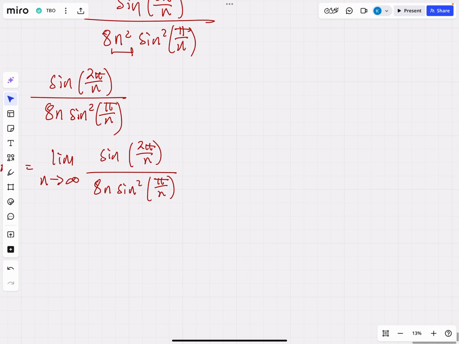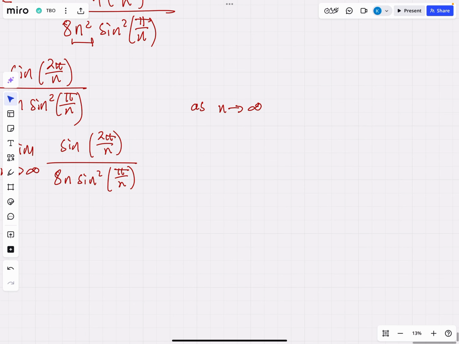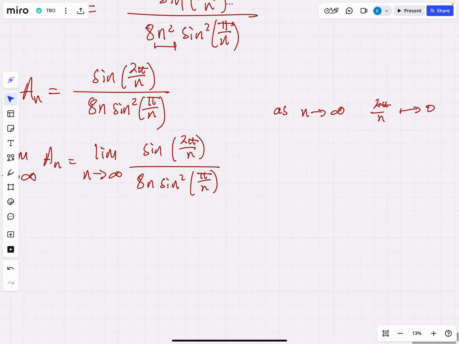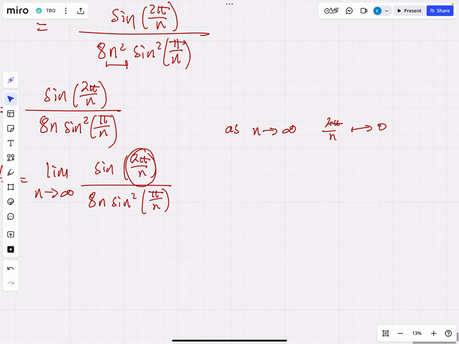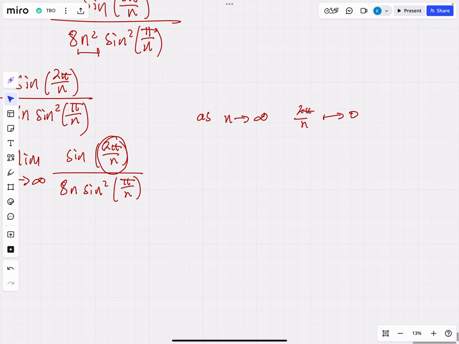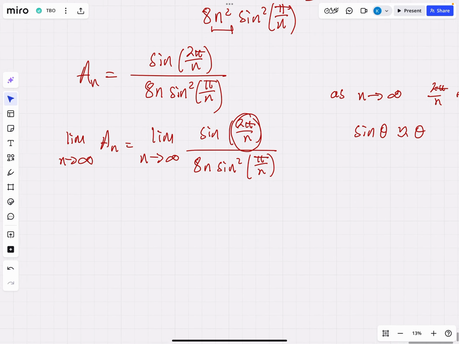Now, if we consider the sine functions, as n tends to infinity, 2 pi over n tends to 0. In other words, our argument is very small, so we can use this small angle approximation for sine. So we know that sine theta is roughly theta in radians when theta is small.